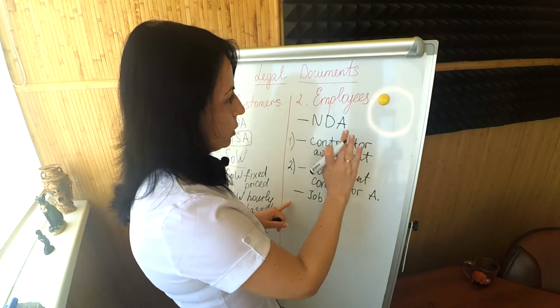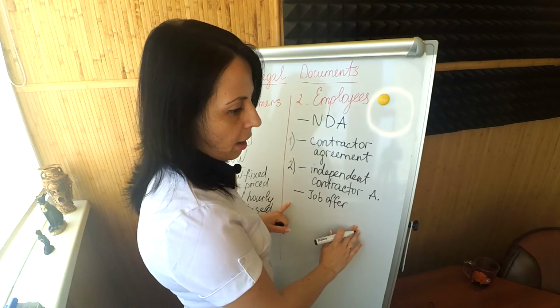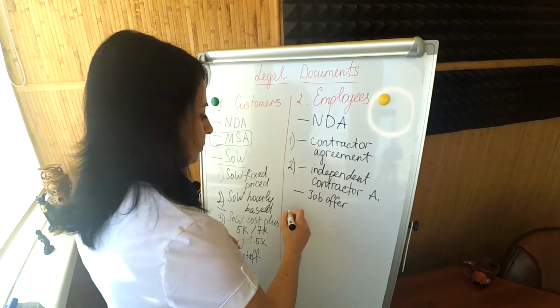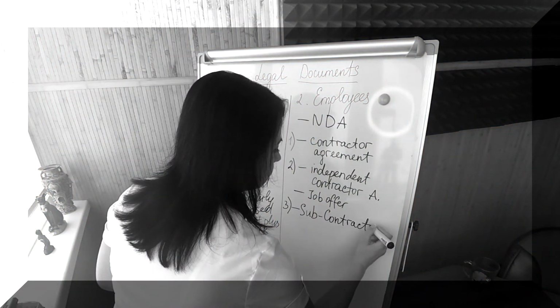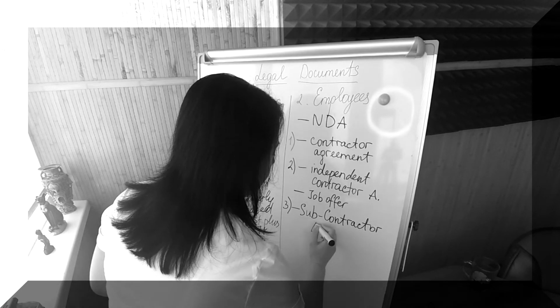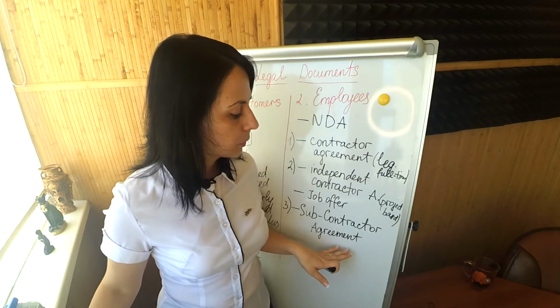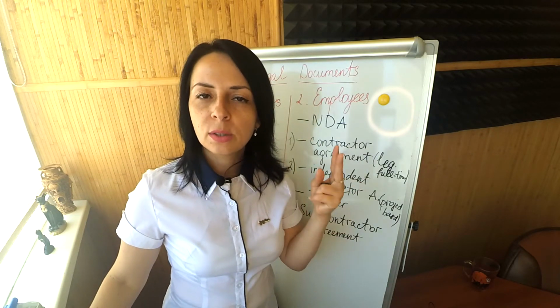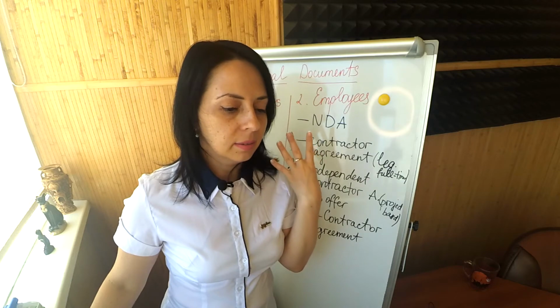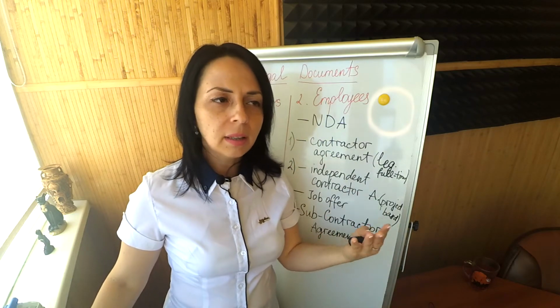The next document that you might want to have is a subcontractor agreement. It should have come there. I don't know why I'm going backwards. Typically, this one is signed between two parties where both parties are legal companies or legal organizations.